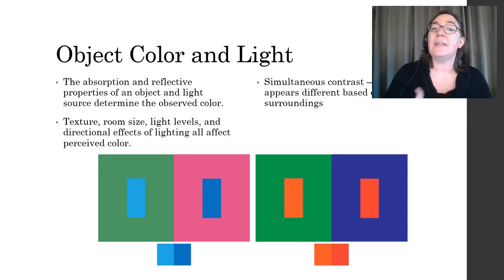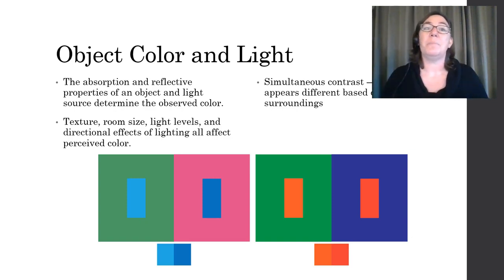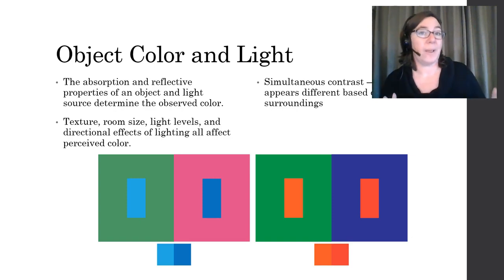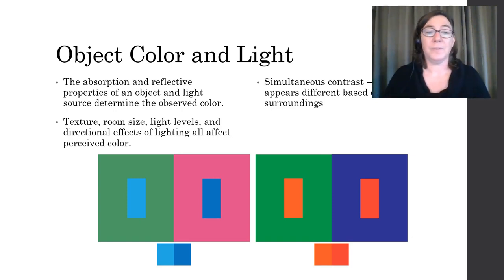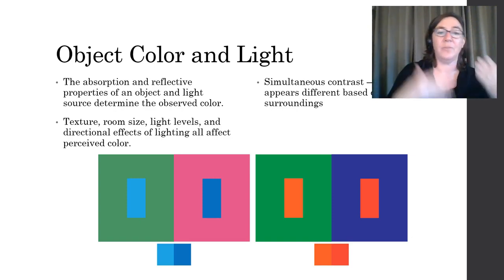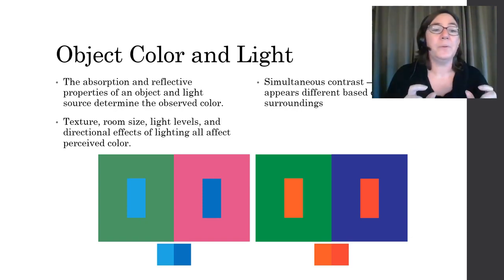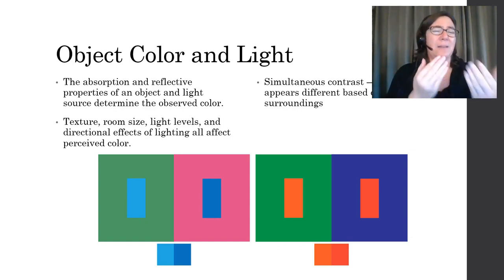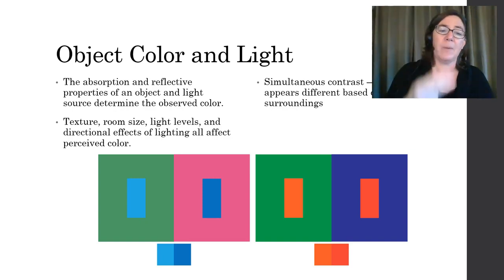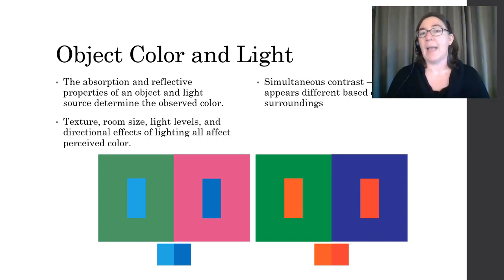Also, simultaneous contrast: a color is going to appear different based on its surroundings. And here are some examples. Here on the left, we've got a green and a pink, and there's a blue sample in between. Looks almost the same, but when you pull those colors out at the bottom, they are very definitely different.